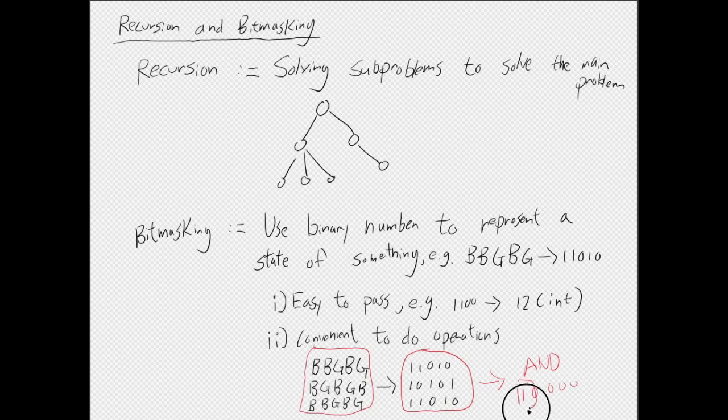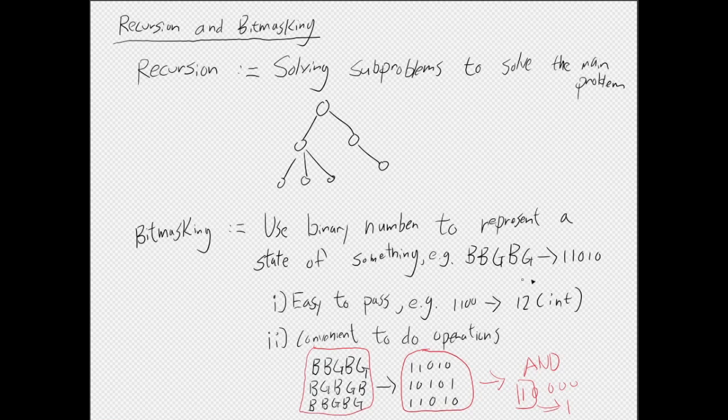It tells us that this position, or any other position that has a 1 after the AND operator, means that every student in this particular column is 1. If you take a look at any other column, you will see that there's some girl in the middle, or some girl at the beginning, or some girl at the last. So that is one interesting application after converting this whole thing into a binary number.